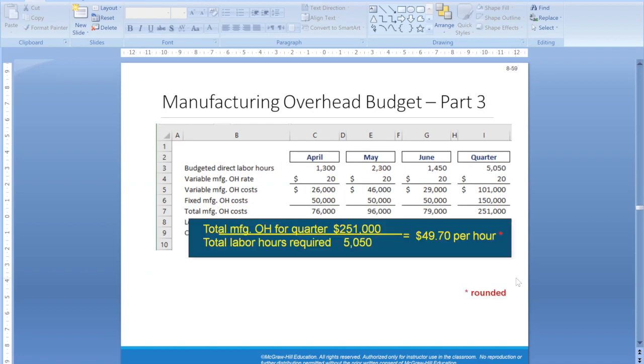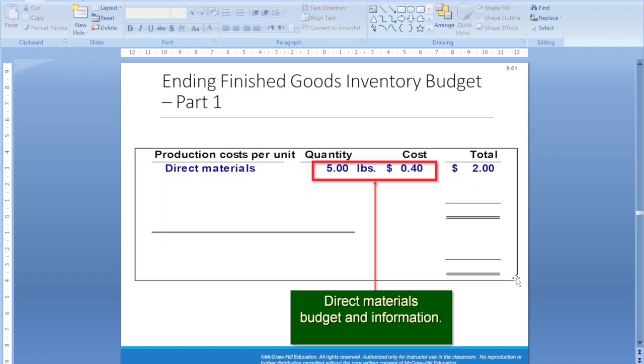Now, for the next budget, the ending finished goods inventory budget. This is important, and it depends on previous budgets.